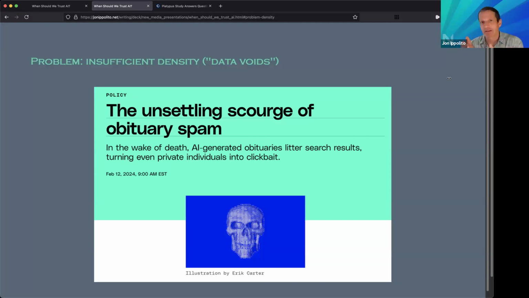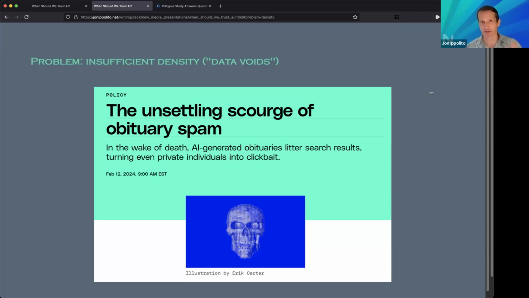It's some random person, someone's grandma who lives in, like I said, a small rural town. There's just not much information about them on the internet that's open to search queries. And so the AI can step in and make falsehoods there. In this case, it's deliberate. People are doing this to get clickbait, but you can imagine that this is the kind of thing that can happen accidentally as well, these data voids.